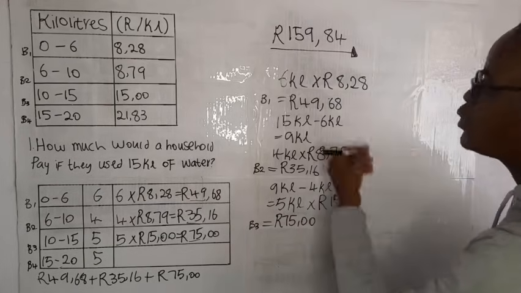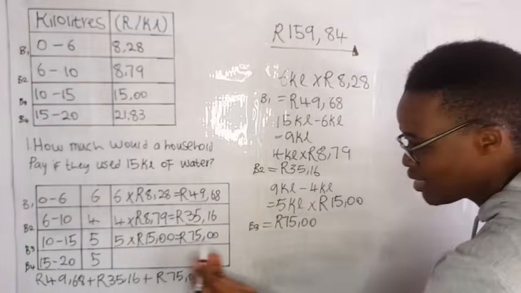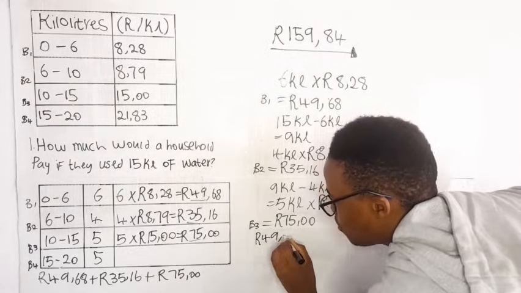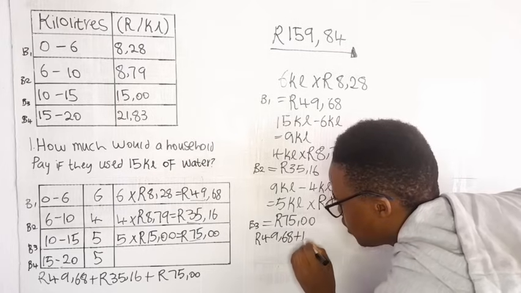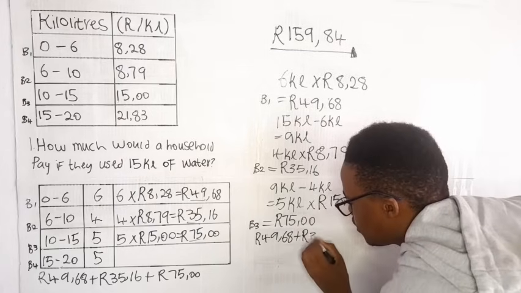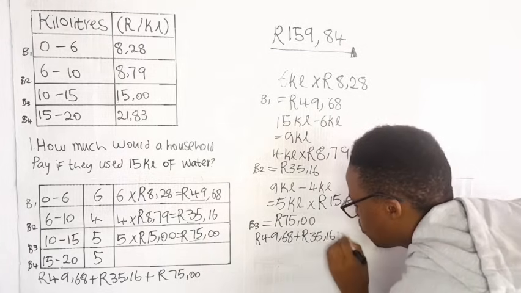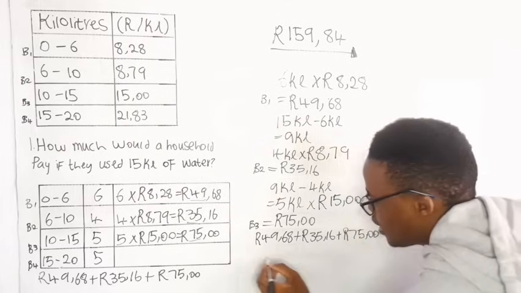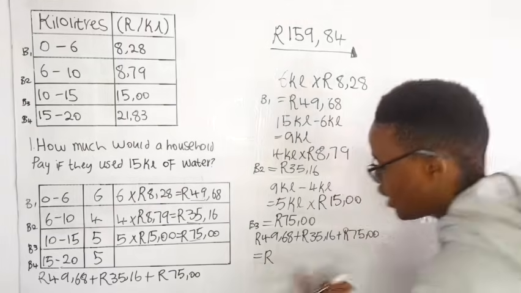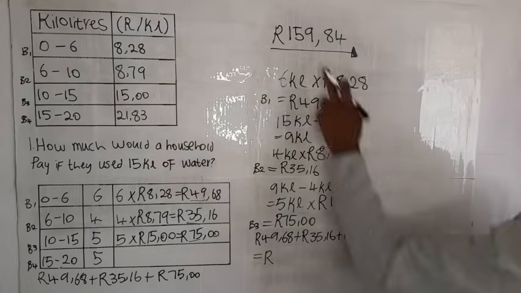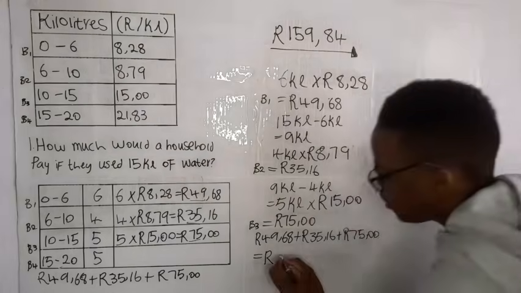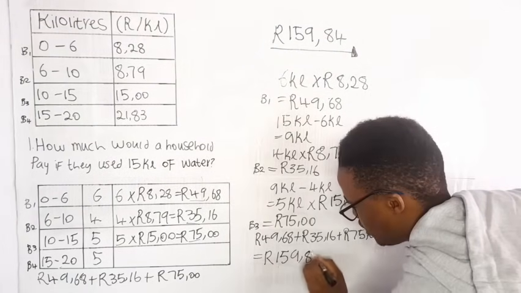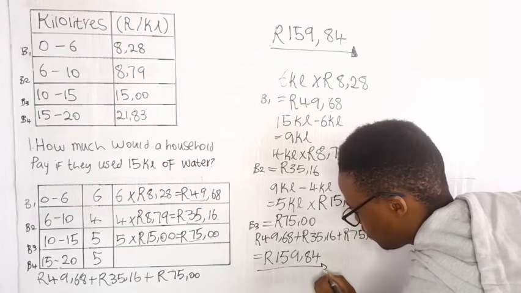You do the same thing we did in the previous method. You say 49.68 plus 35.16 plus 75, and when you add them all together on your calculator, that will give you the same amount, which is 159 rands 84 cents.